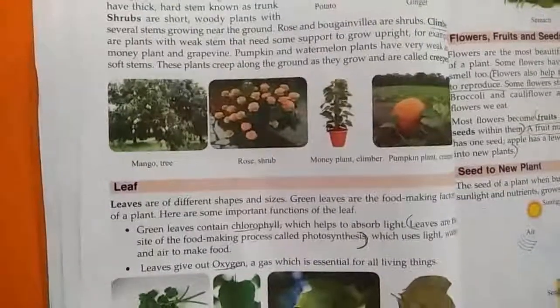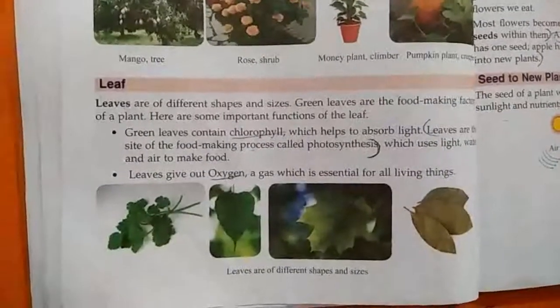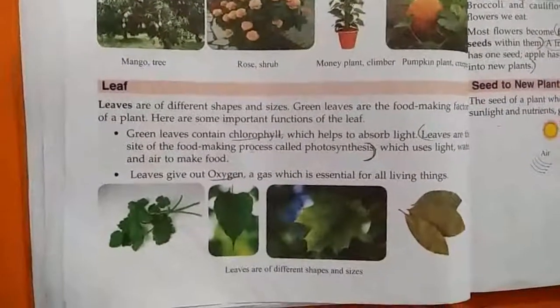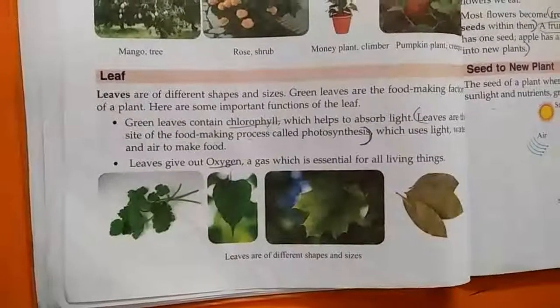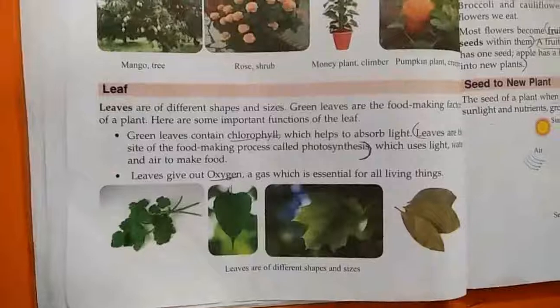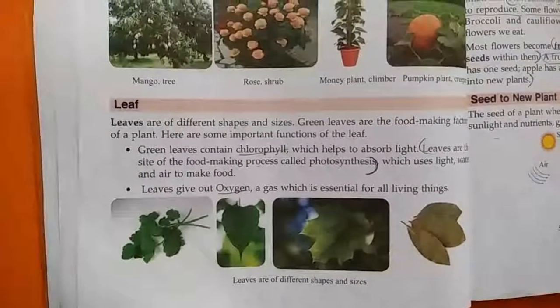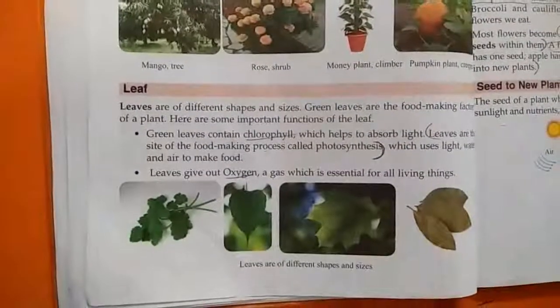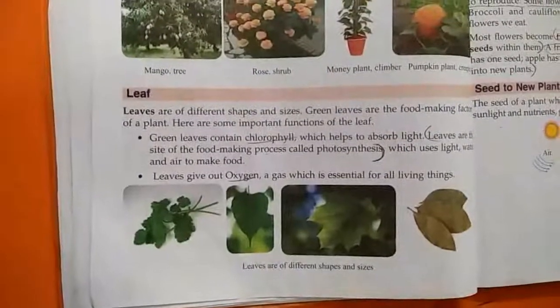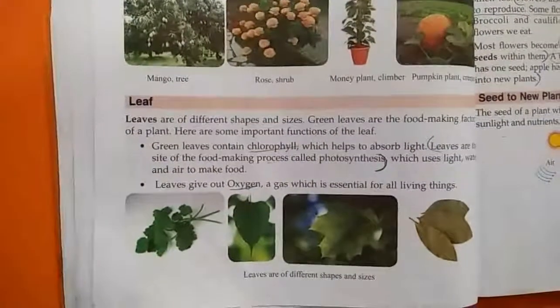Some important functions of the leaf: green leaves contain chlorophyll, which helps to absorb light. Leaves are the site of the food making process called photosynthesis, which uses light, water and air to make food. Leaves give out oxygen, a gas which is essential for all living things.